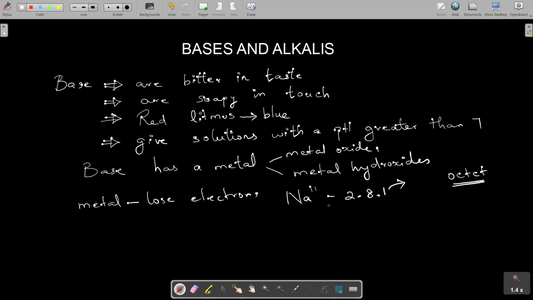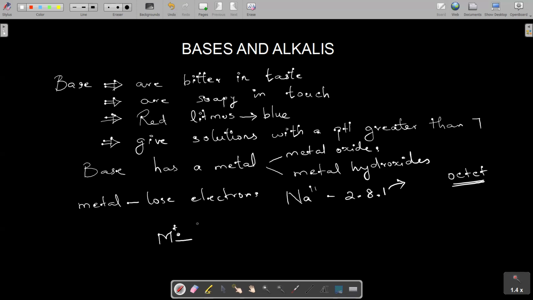So metals, this is common for all metals, they always lose electrons. Now, where do they lose these electrons? Taking a base, if this is a metal, they lose 1 electron. Because they lose an electron, which is a negative charge, they become positive. So this is an electron which is lost.